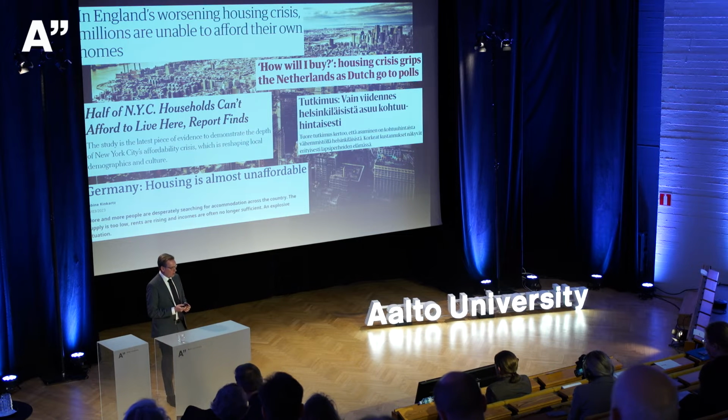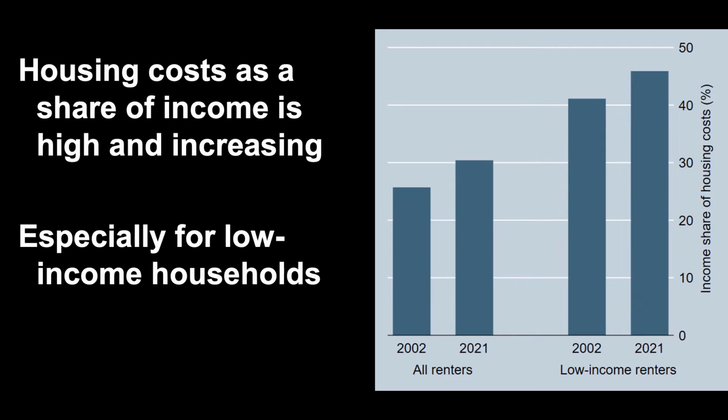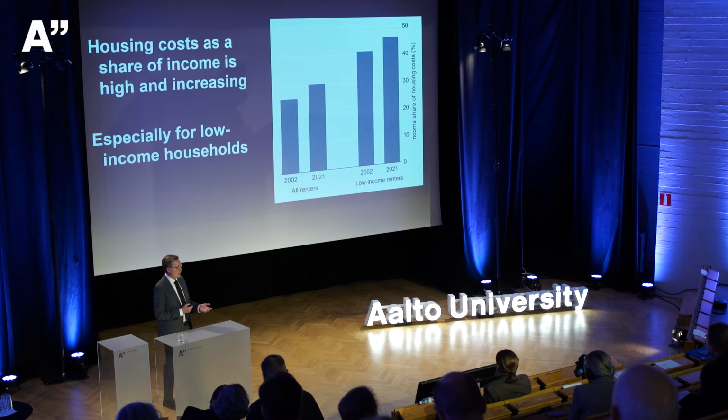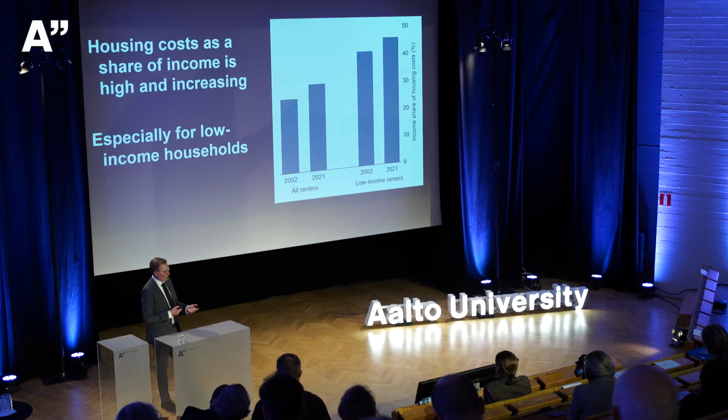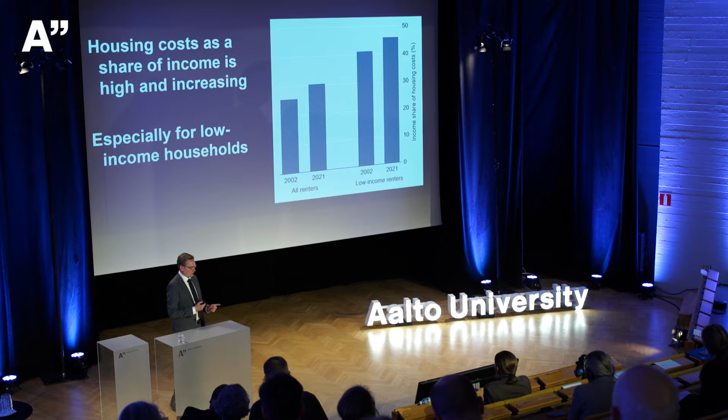And just to give you some numbers on housing costs, here I have plotted the income share of housing costs in Helsinki for all renters in 2002 and 2021, and then separately for low-income renters. Here, low income means that you're in the bottom fifth of the income distribution.